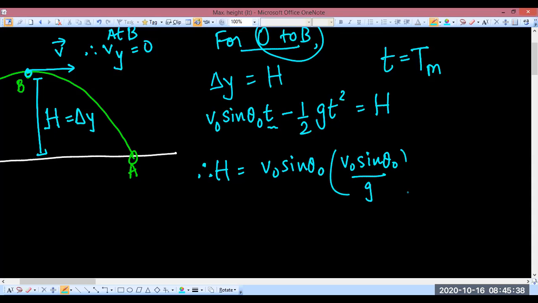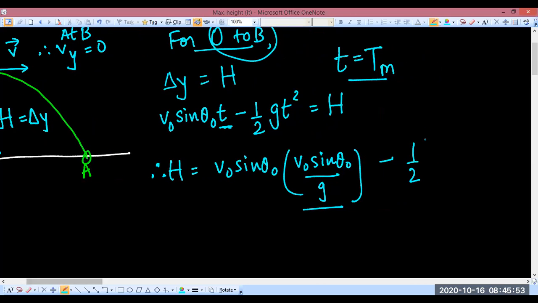Any questions, anyone? t is tm and tm is this. Okay, I don't think anyone has any problem with that. Minus half g. Instead of t, we are going to write tm and its square. So v0 square sine square theta 0 by g square.